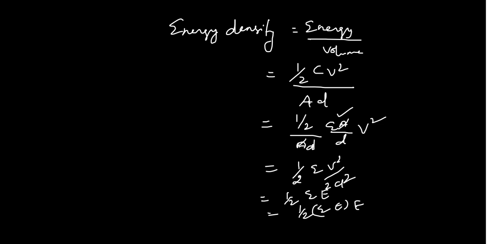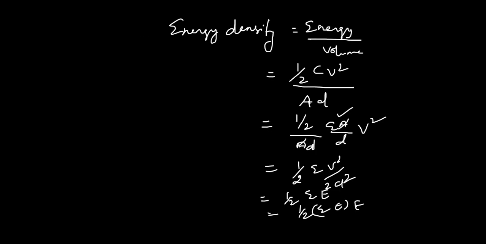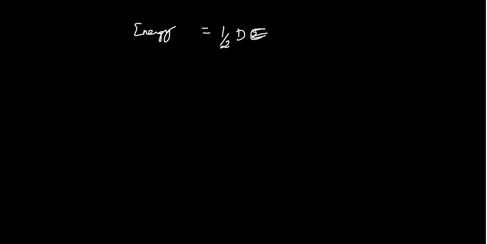So in order to relate this with the energy density, we can write energy density equal to 1/2 epsilon E into E, which is 1/2 D into E, since D equals epsilon E. Therefore the energy is equal to 1/2 D into E into volume, and this is the energy density.